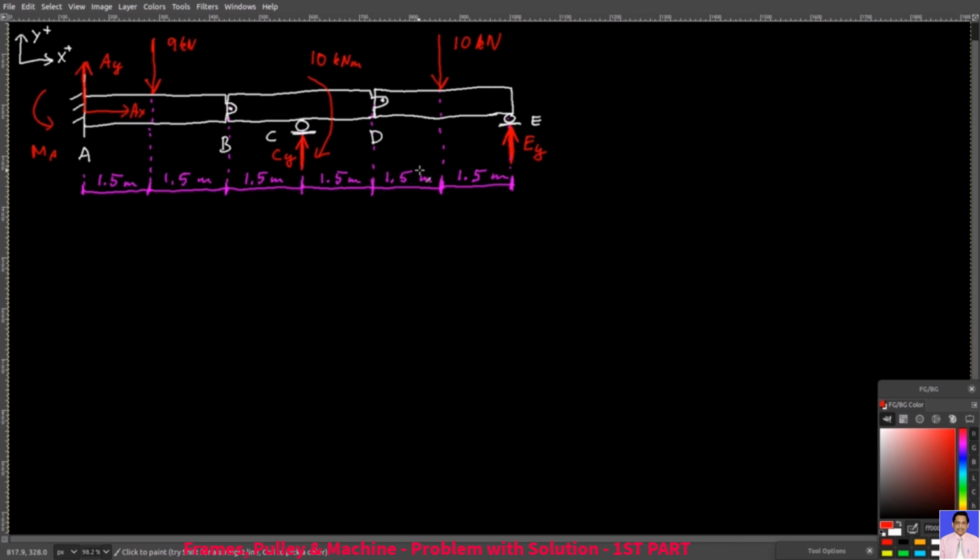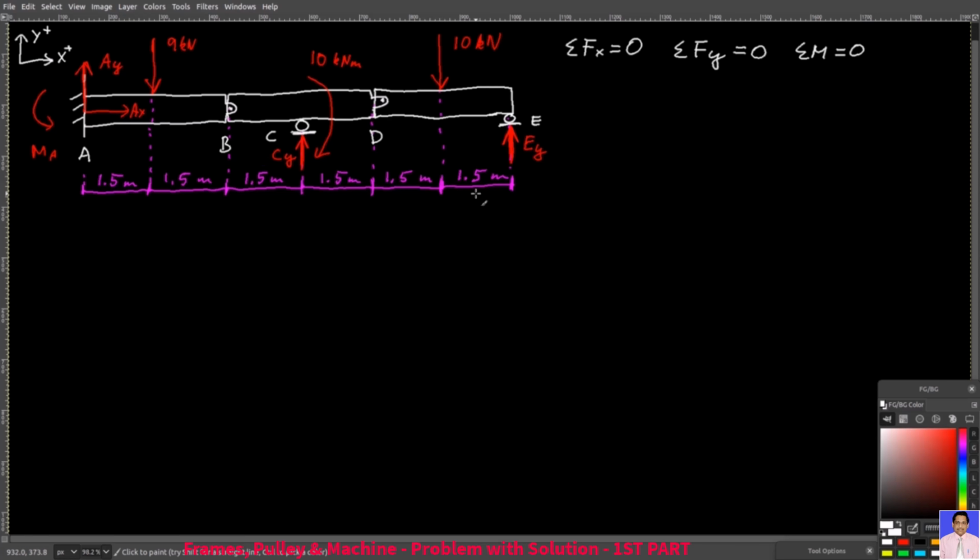As you can see, we have 5 unknowns, but we can only have at most 3 equations from our 3 rigid body equilibrium principles. The sum of the forces in the x direction must be 0, the sum of the forces in the y direction must be 0, and the sum of the moments about some point must be 0. So we cannot solve this system in this form.